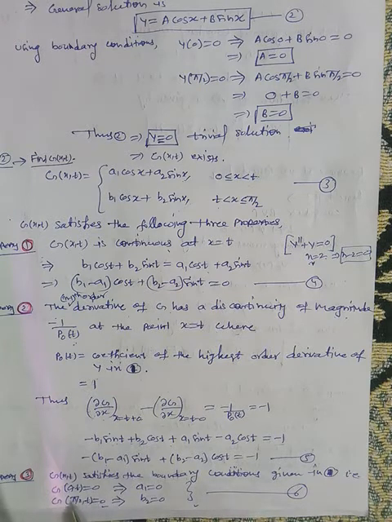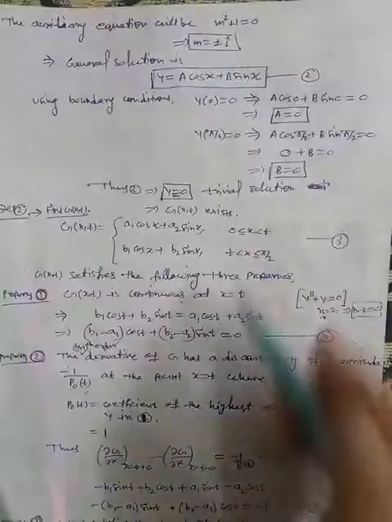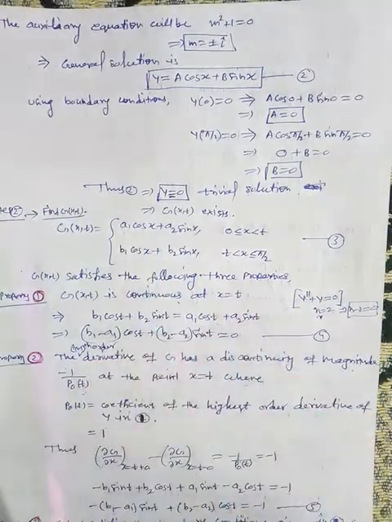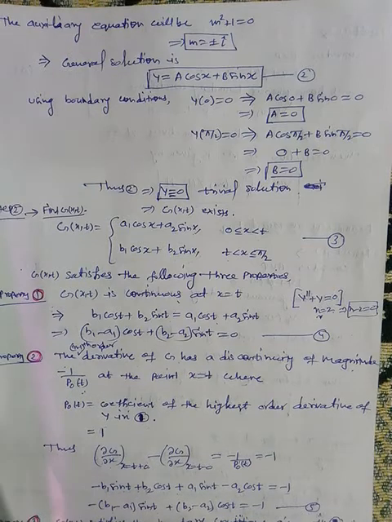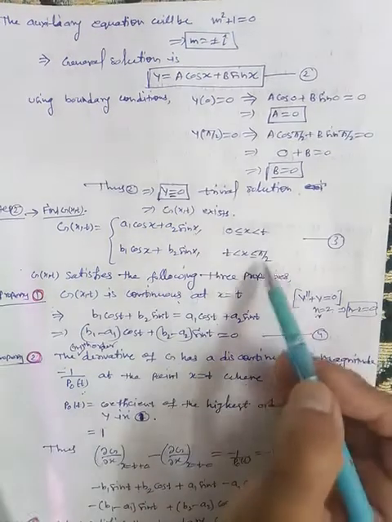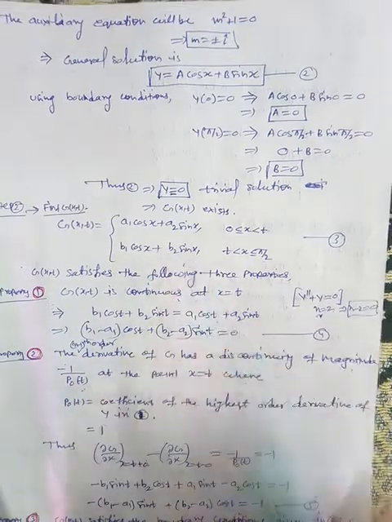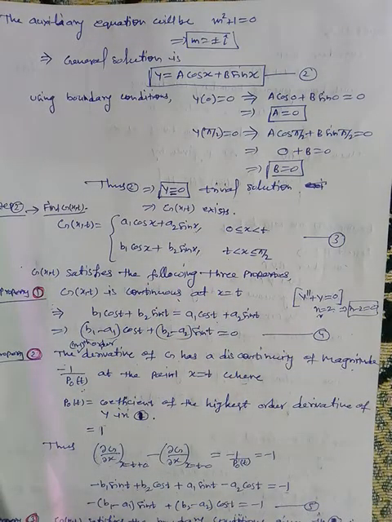So at x equal to 0, which branch will it be? This first branch. Put x equal to 0 here, so we get a1 is 0. Similarly, x is pi by 2 means the second branch. Here put x equal to pi by 2, so we get b2 is 0. So we put a1 equal to 0, b2 equal to 0.